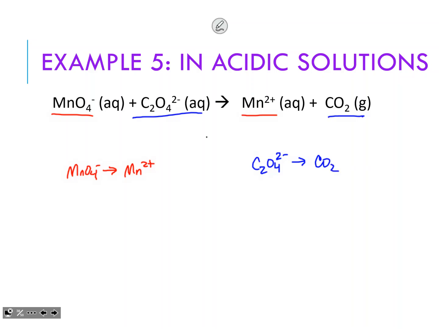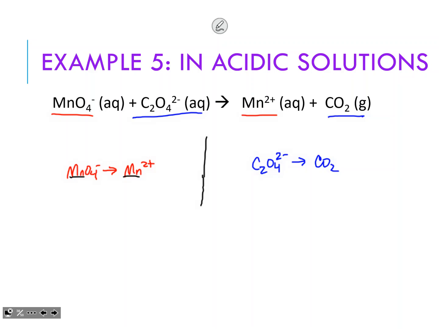Now that we have our half reactions, we can start doing the rest of the process. What's the next step? Balance everything but O and H. Thank you. So let's look here. We've got Mn and Mn, 1, 1.